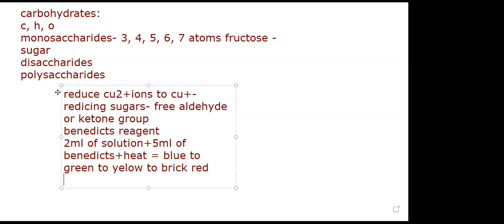Blue color shows there is no excretion of sugar. Green color shows there is a slight excretion of sugar. Yellow color shows a larger amount of sugar is excreted through urine. Brick red shows the maximum amount of glucose is excreted through the urine. Okay, so Benedict's reagent and Fehling solution are all different methods used to identify carbohydrates.